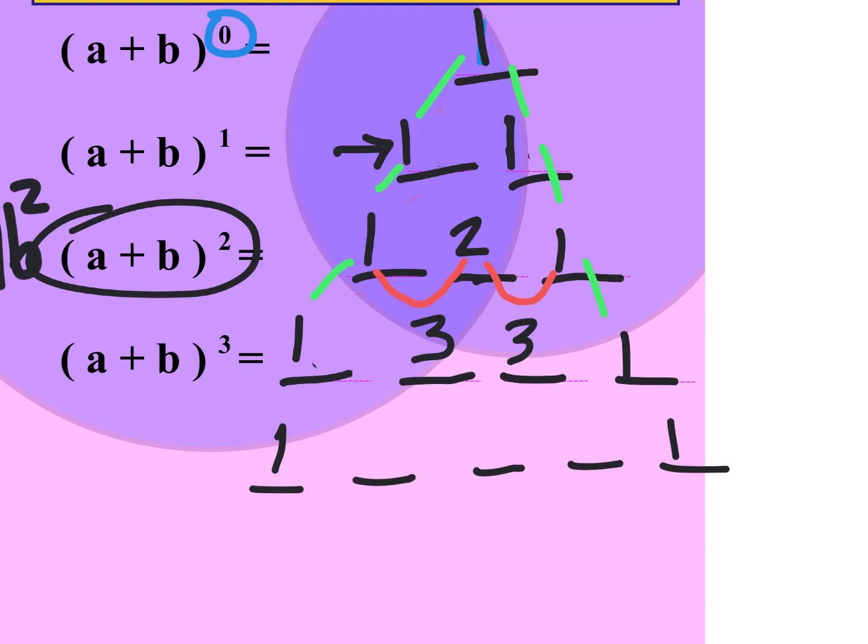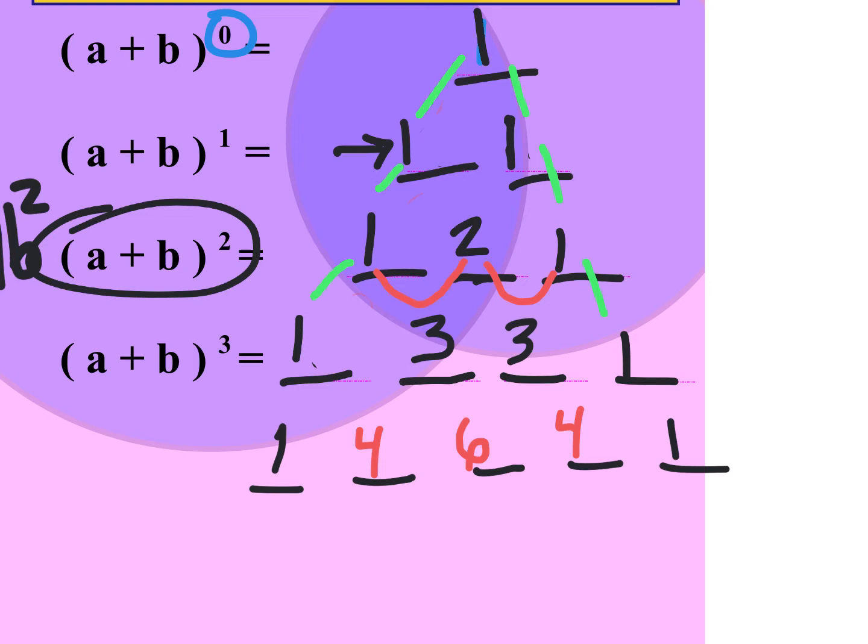Sasha, have you figured out the pattern yet? It would be 4. 4. What about this one? That's not a 4. 5. 6. 4, 1. Do you see where the 6 came from yet?